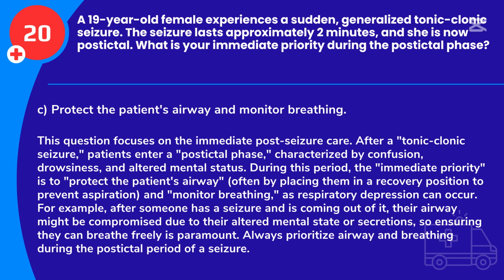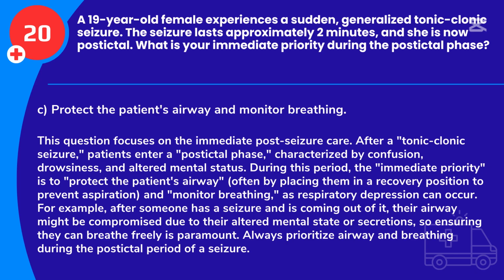Answer: C. Protect the patient's airway and monitor breathing. This question focuses on the immediate post-seizure care. After a tonic-clonic seizure, patients enter a postictal phase, characterized by confusion, drowsiness, and altered mental status.